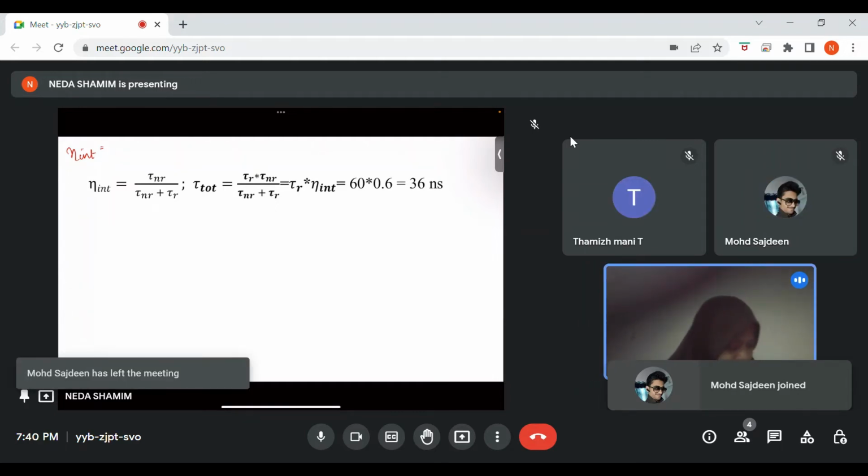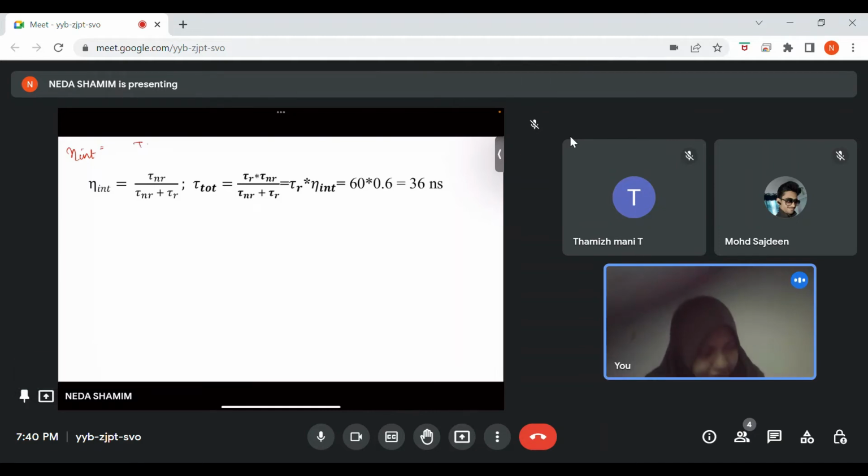Alright. So basically, internal quantum efficiency is the ratio of the total radiative emission rate to the overall rate. At what rate is there a radiative recombination that results in the emission of a photon?